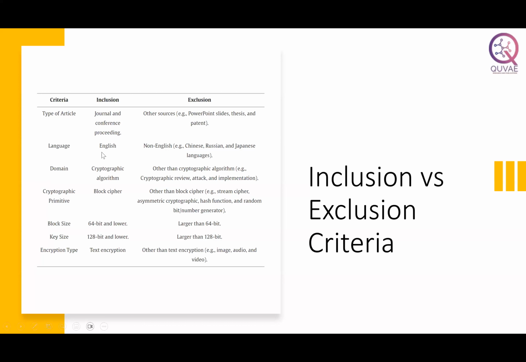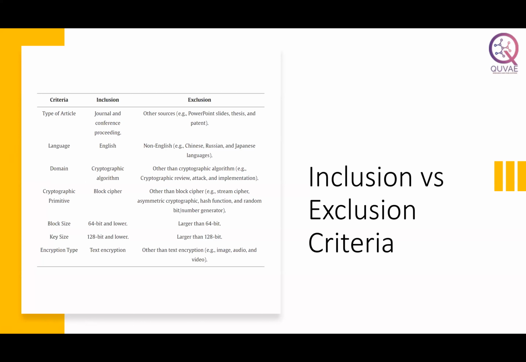The language as well, you have to specify. Normally we use English, but if your study requires Chinese, Russian, Japanese or any other non-English language, then you can specify that as well. What is your domain? The domain of your research, which domain you want to study. For example, in my case, I'm looking at cryptographic algorithms.